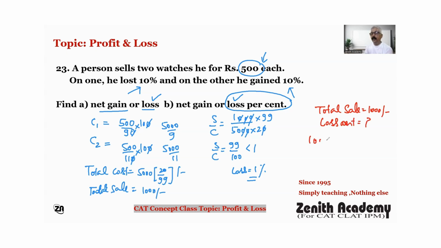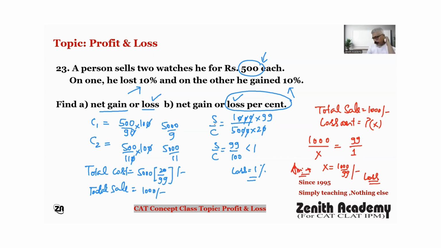So suppose the loss amount is X. So what will the ratio be? Here, total sale is 99 rupees, and if the cost is 100 and sale is 99, there is a loss of 1 rupee. So X is equal to 1,000 upon 99 rupees. It is the loss amount. You got me?